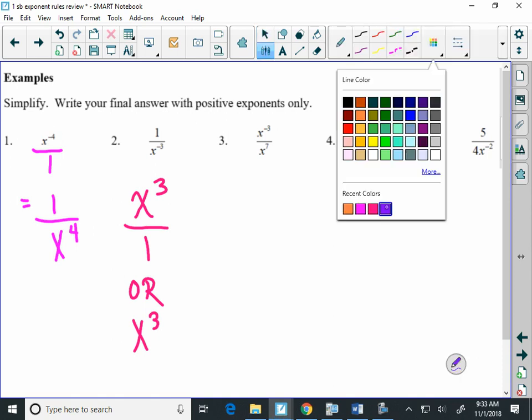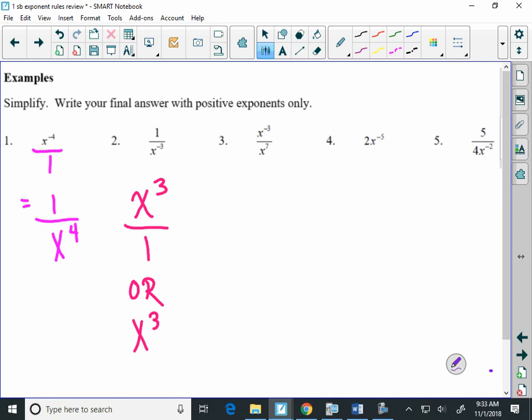Now we're going to, number 3, deal with division in here. And again, there's a couple ways to approach this, but I like to stick with my division method, which is simply to start with saying, well, this is x to the 3 minus 7. When we divide, we subtract. And I usually subtract the top exponent by the bottom exponent.